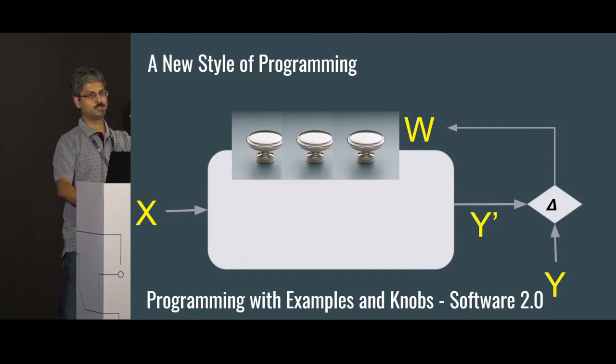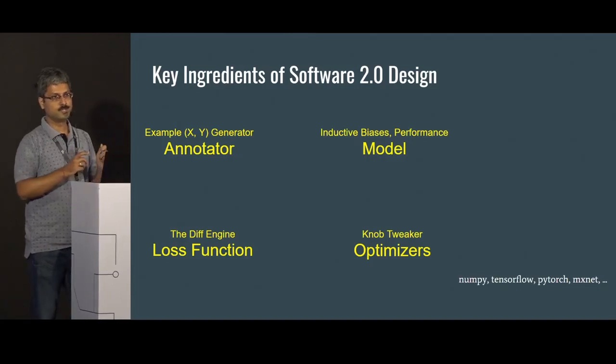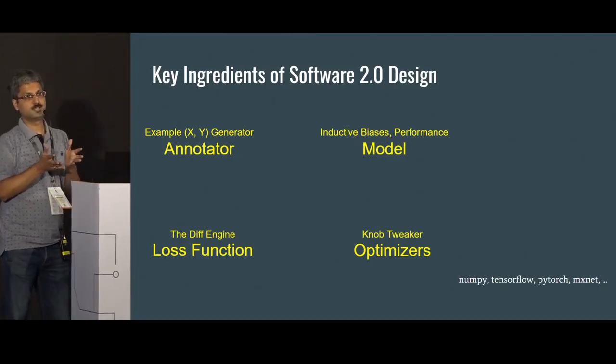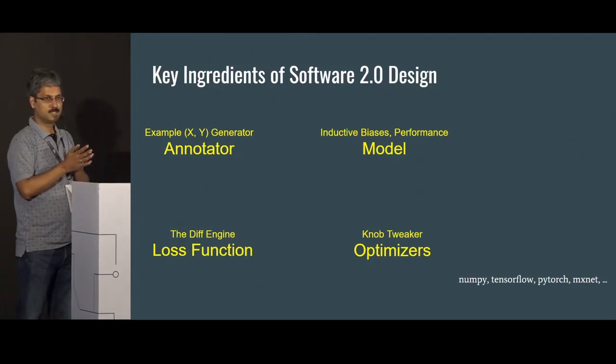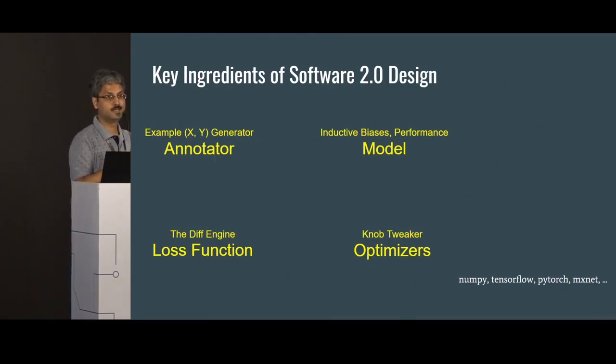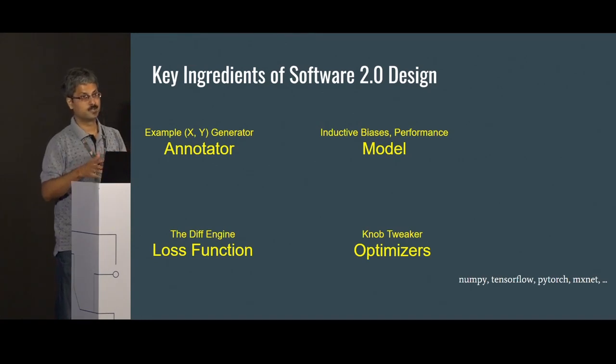That broadly constitutes the majority of code, majority of machine learning efforts that you see around applied to all various fields. It's a new style of programming because you have to get familiar with a completely new set of entities here. There's the annotator, the example generator, stuff you have been hearing about. There's a model generator, model bias creator, model performance improvement engine.